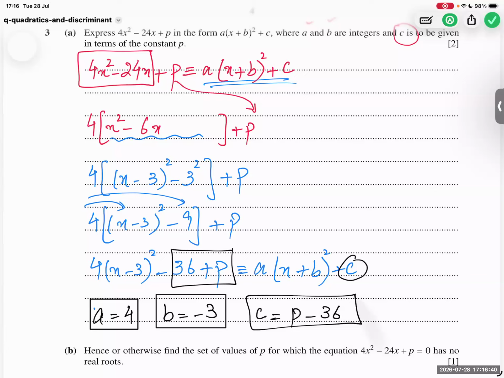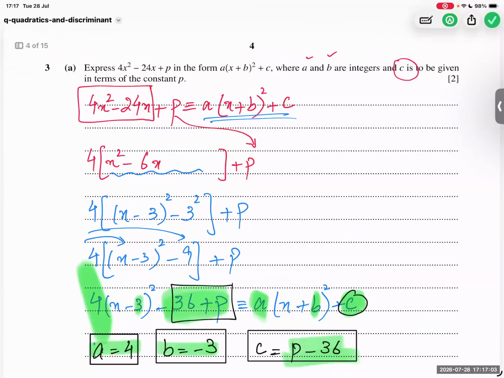Or minus 36 plus p, it's up to you, whatever you want to write. So this was 4, here it is a. This is x minus 3, that's b is minus 3. And we have p minus 36 as c. So c is equal to p minus 36. In the question, they have asked us to find out the value of c in terms of p. So this is how we do it. Done? Any question?